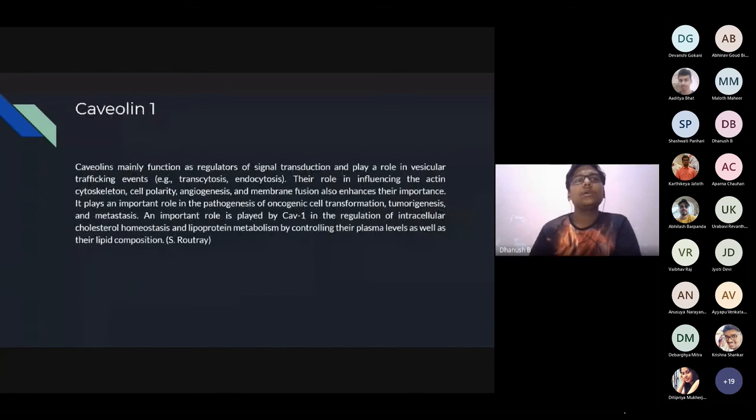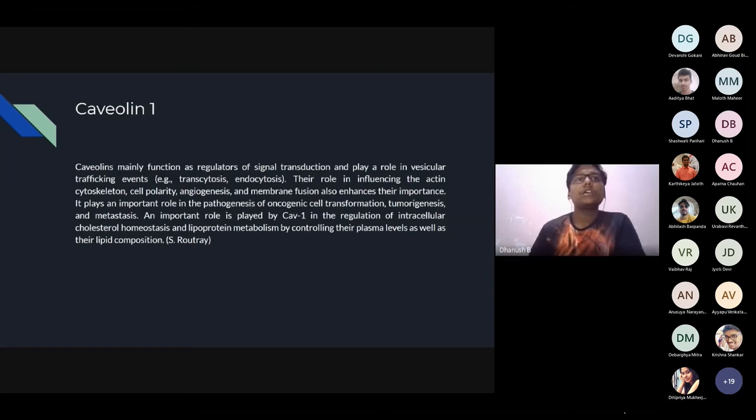Caveolin 1, a protein which functions as a regulator of signal transduction, also plays a vital role in vesicular trafficking events like transcytosis and endocytosis. Its role in influencing the actin cytoskeleton, cell polarity, angiogenesis, and membrane fusion also enhances its importance in metastasis, pathogenesis, cell transformation, and tumorigenesis.